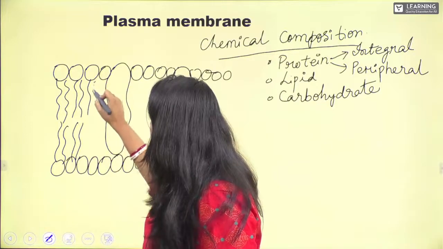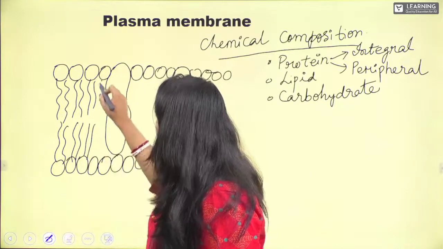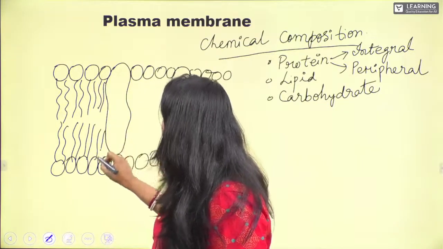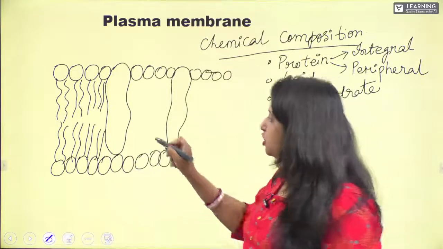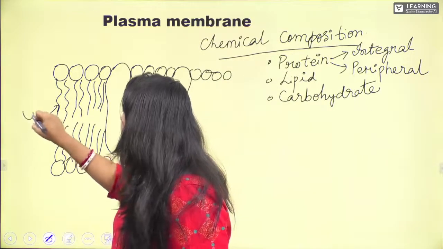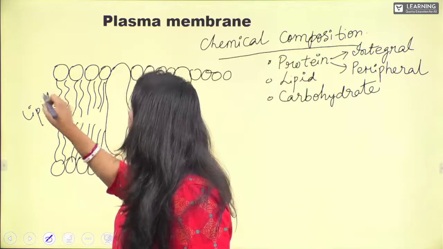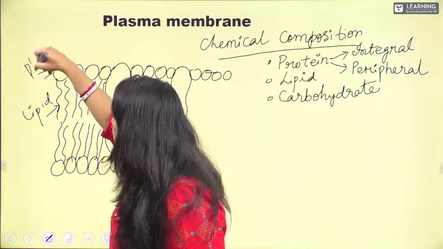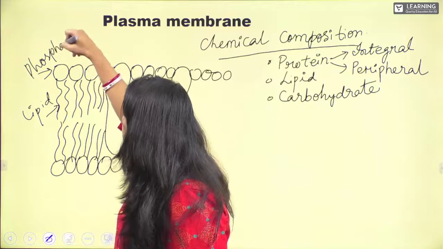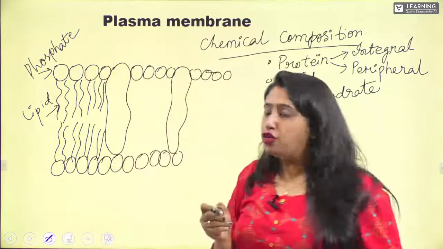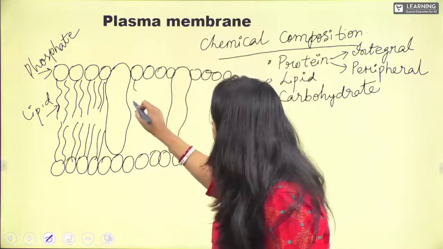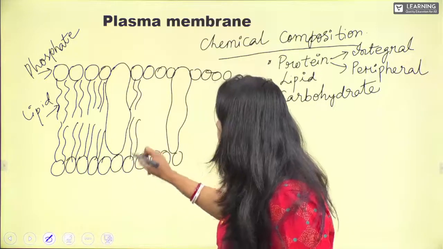So these are the lipids, okay? The plasma membrane is made up of phosphate and lipids. As you can see, these are the lipids, and these are the phosphate groups, okay? Here also you will find the same.